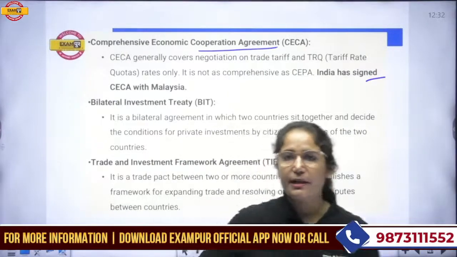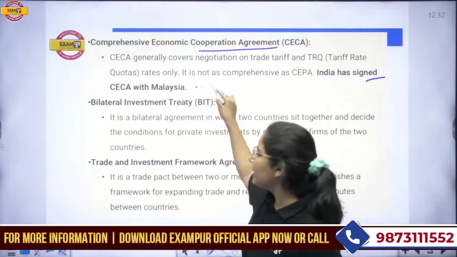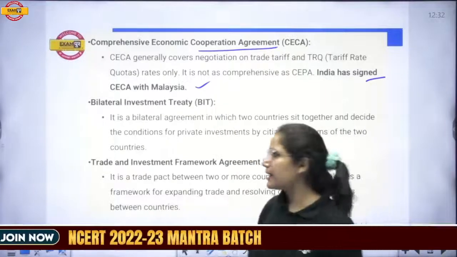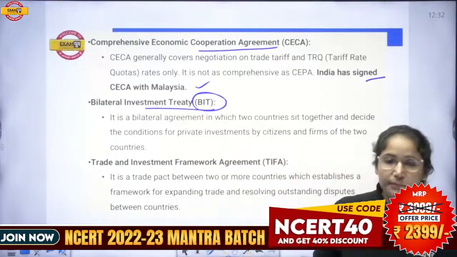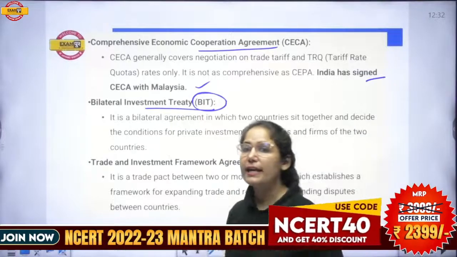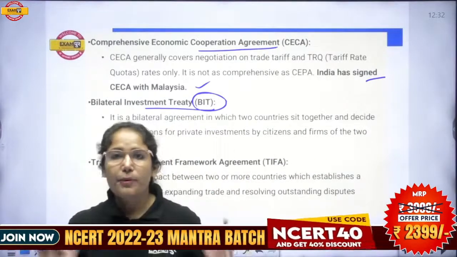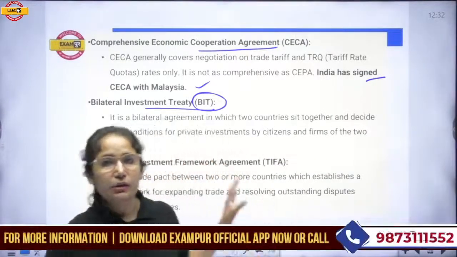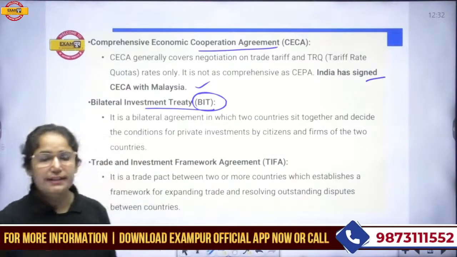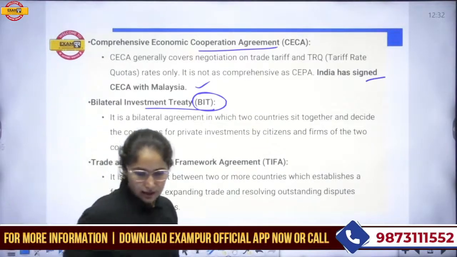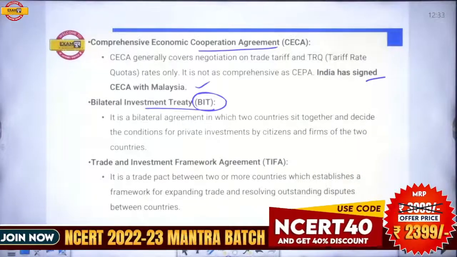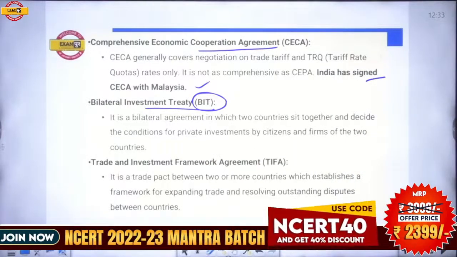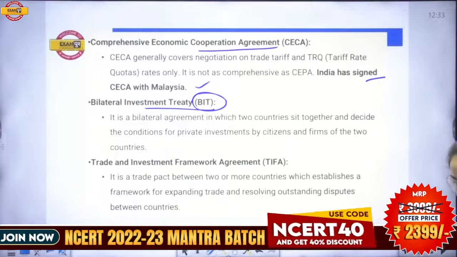CEPA is a very broader concept. You are including all of these in a single segment. Everything is included in it.